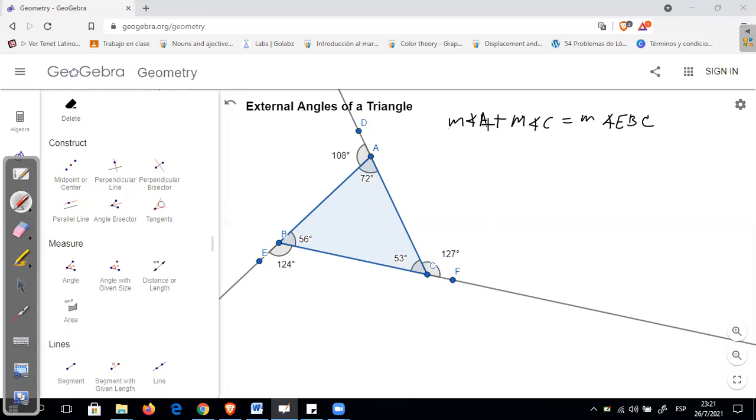We have the measure of the angle A, that is 72 degrees, plus the measure of the angle C, that is 53. And now we're going to see if this is true. 3 plus 2 is 5, and 2 plus 7 is 12.